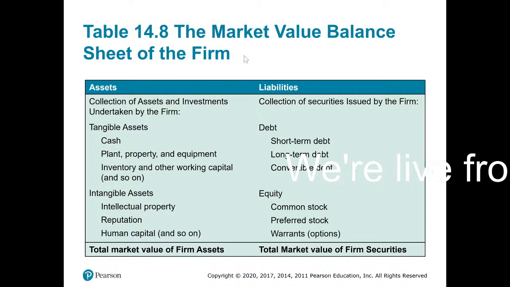So here are some typical items on the balance sheet. We have assets, and assets could be tangible or intangible. And you have liabilities, debt, and equity.